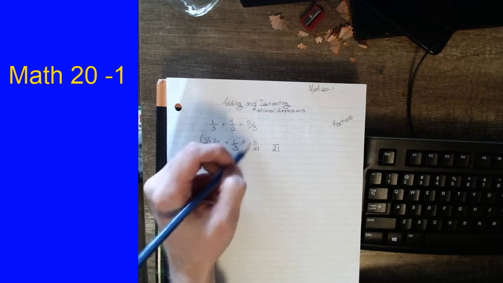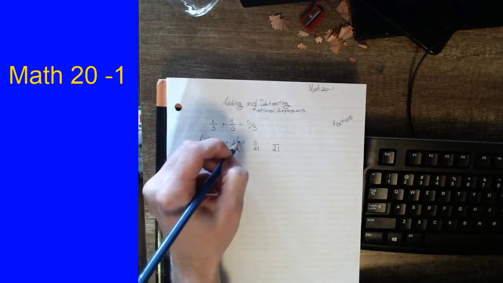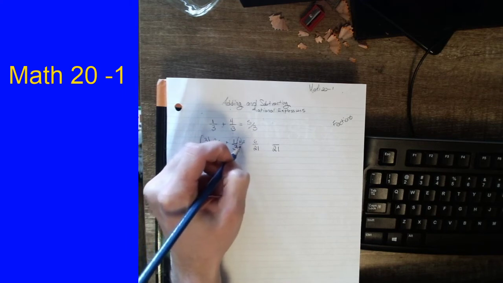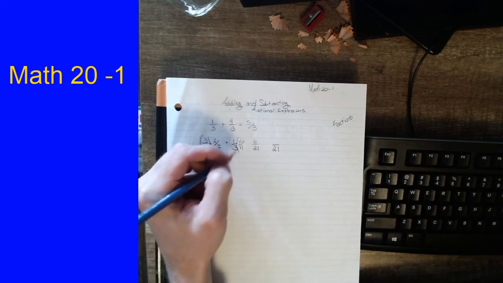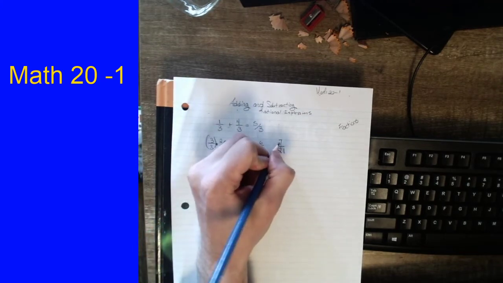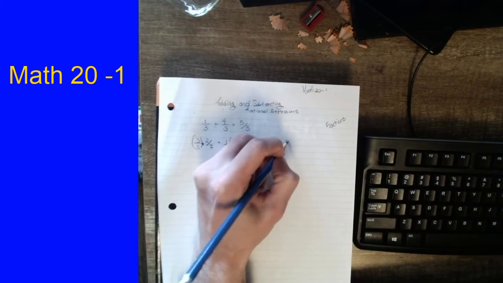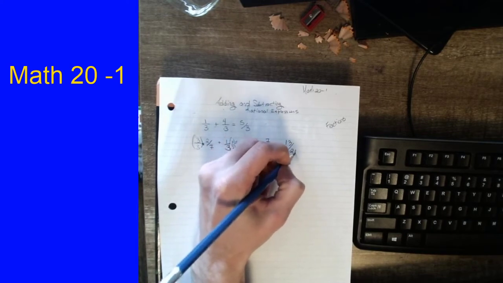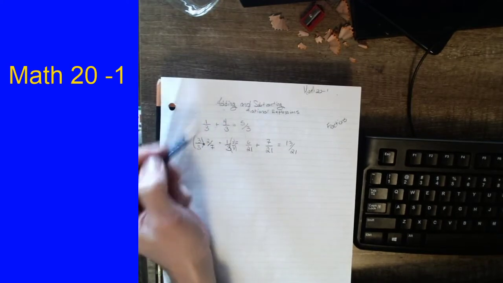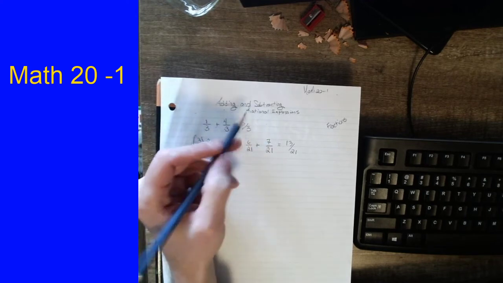And so this is the same as 2/7. We also do a similar thing here, but we're multiplying by 7/7. So that gives us 7/21. We're going to add these two things together to get 13/21.